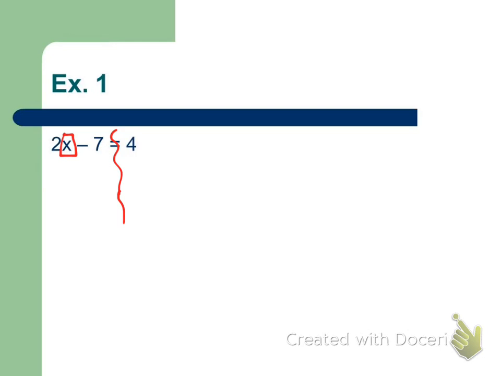So we go backwards from what we were normally doing with our order of operations. If the first thing I have to handle is the subtraction, Nevaeh, what should I do to both sides? Add how much? 7. Wonderful. We are going to add 7 to both sides first. That leaves us with 2x equals 11.